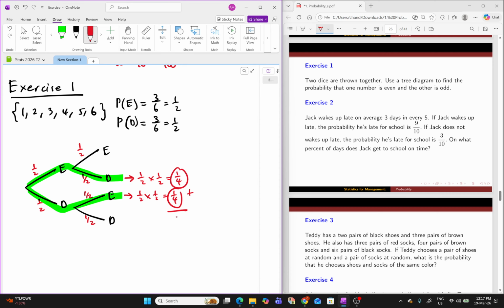Then you add these, you will get 1 over 4 plus 1 over 4, 2 over 4, which is 1 over 2. So the probability of even and odd is 1/2. That's the answer.